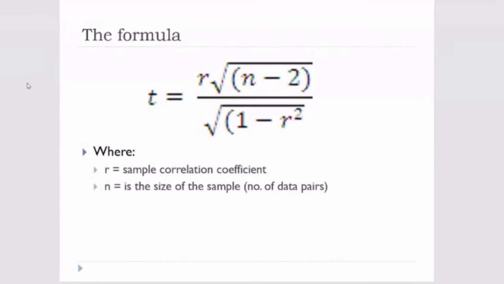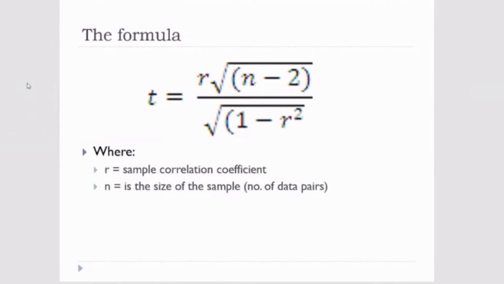T is equal to R, which is the R value that we have just computed, times the square root of n minus 2, N referring to the number of observations, divided by the square root of 1 minus R squared. I'm sorry about that, there should be a closed parenthesis after the R squared.